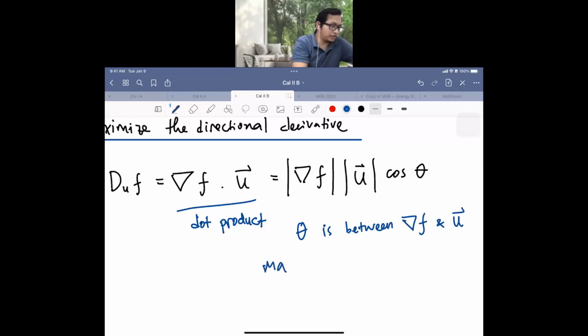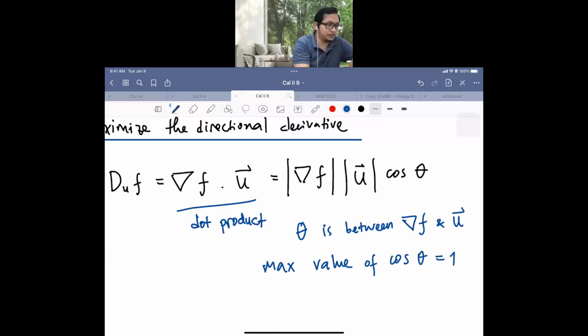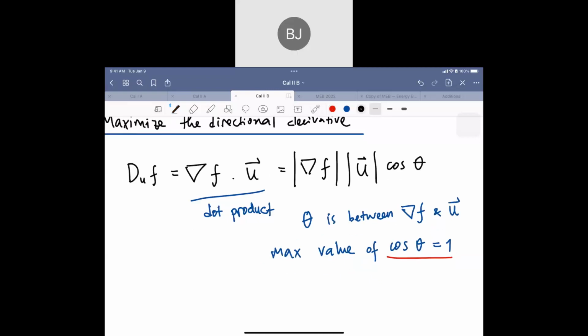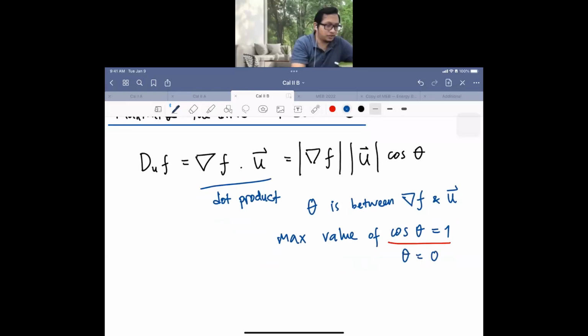The maximum value of cosine theta is 1, so theta occurs at 0.